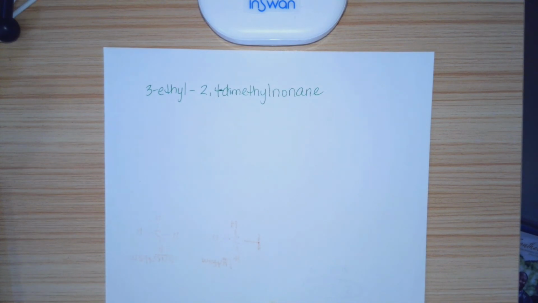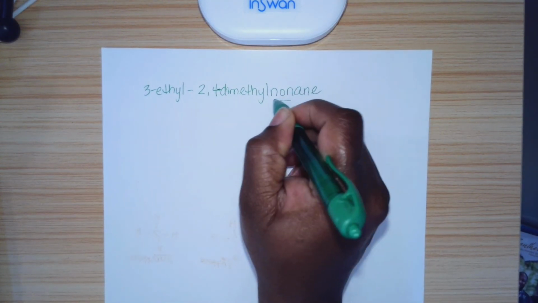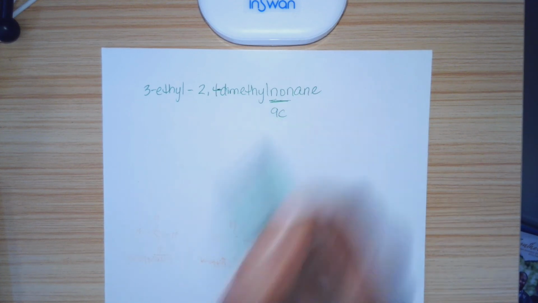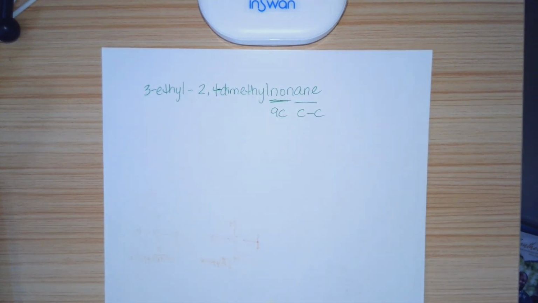If you're given the name of a compound, think about how we just went through and named it. We started with the parent chain, then we worked on those substituents. Do the same thing. Think about what this name tells you. Nonane. Non is the prefix for 9 carbon atoms. Ane means that you only have single bonds.